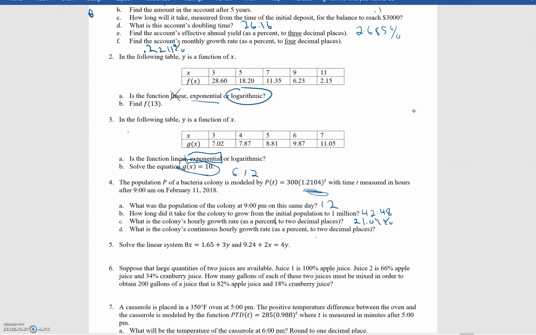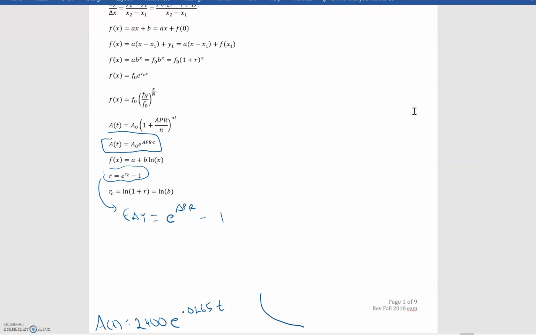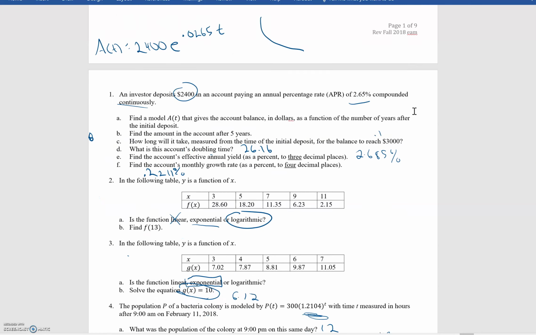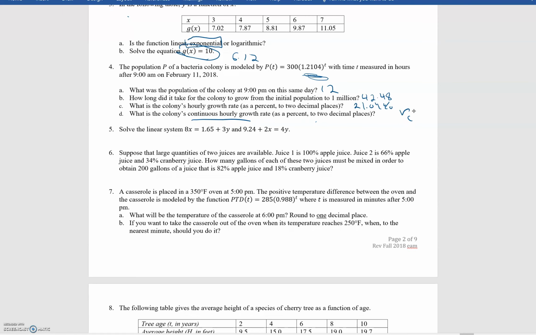So what about the continuous hourly growth rate? All right, so there we actually have to do something. So if we want RC, if you forgot what the formula is, let's go back to our formula list. RC is ln of the growth factor right here. So all we need to do is take ln. I don't know.